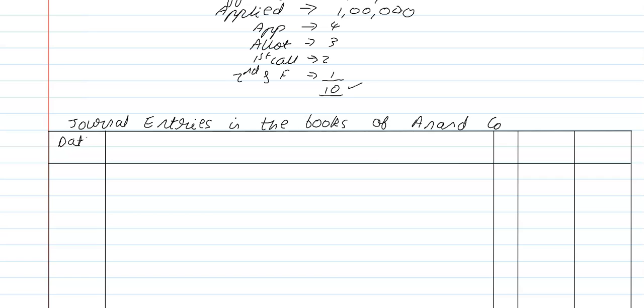We have date, we can use it for serial number, particulars, LF, and amount, debit amount in terms of rupees. Similarly, credit amount in terms of rupees.